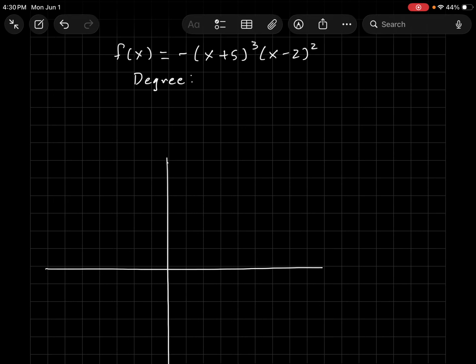Well, if we were to multiply this all out, would you agree that we would get a fifth degree? That is, f of x would be negative x to the fifth and some other things with lower powers.